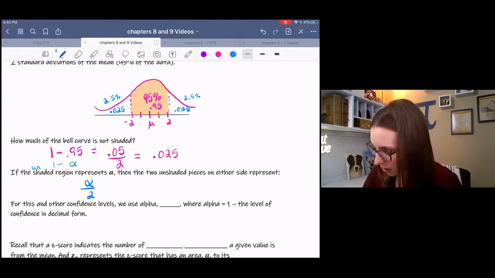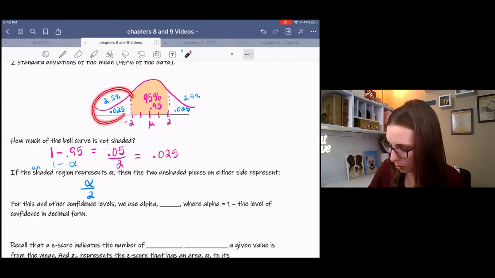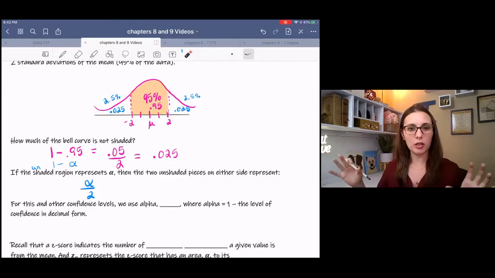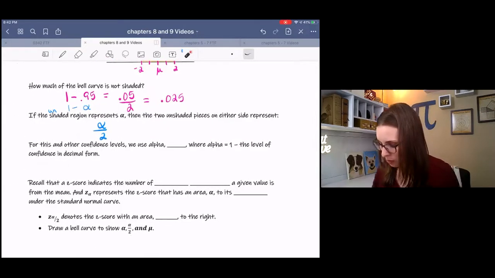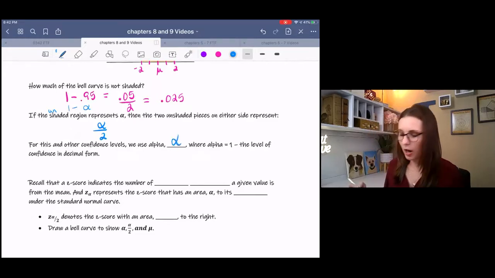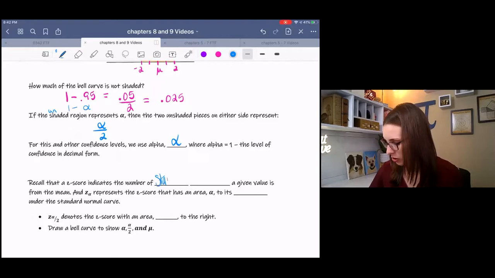I worded that a little wrong, but if this whole thing represents alpha, then when we split it in half, each piece is alpha over 2. The shaded part is 1 minus alpha. So for this and other confidence levels, we use alpha, where alpha equals 1 minus the level of confidence in decimal form.